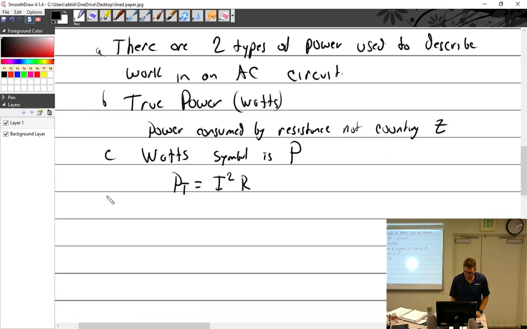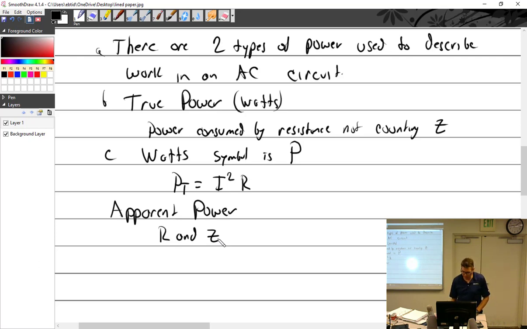And then we have apparent power. Apparent power is the power consumed by the entire AC circuit, resistance and reactance. So it's R and Z this time, all put together. So it is taking into consideration Z, which is taking into consideration the effect that the coil and the capacitors have on the circuit.